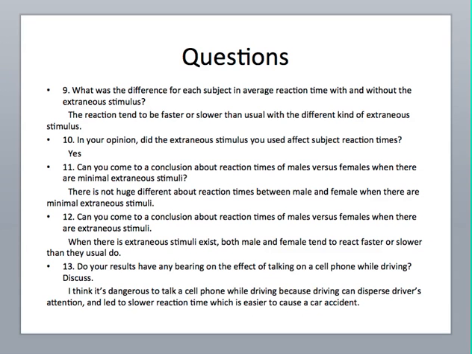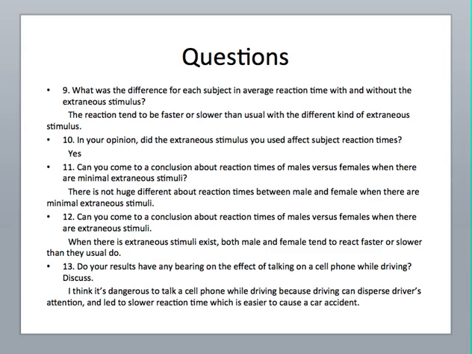And here are all of the questions. Number 9, what was the difference for each subject in average reaction time with and without the extraneous stimulus? The reaction time tends to be faster or slower than usual with different kinds of external stimulus.